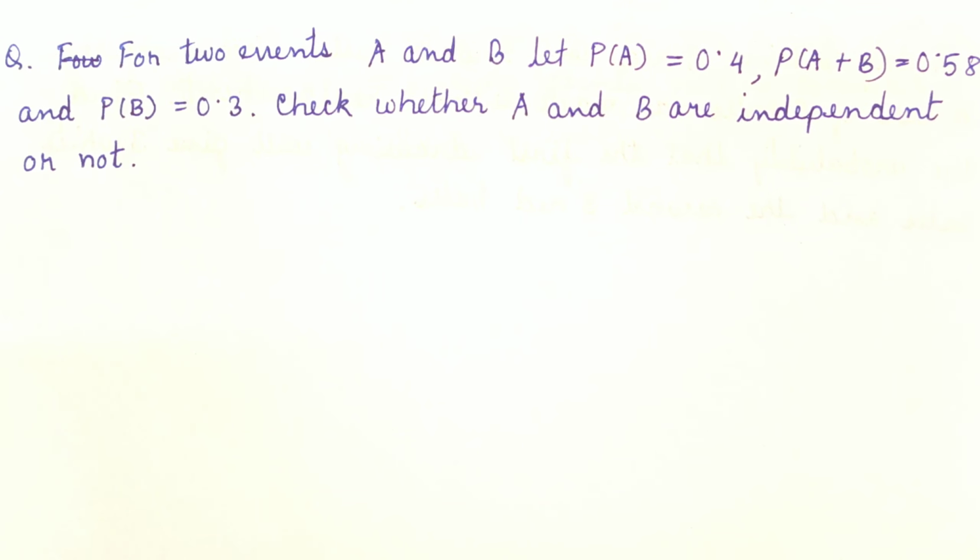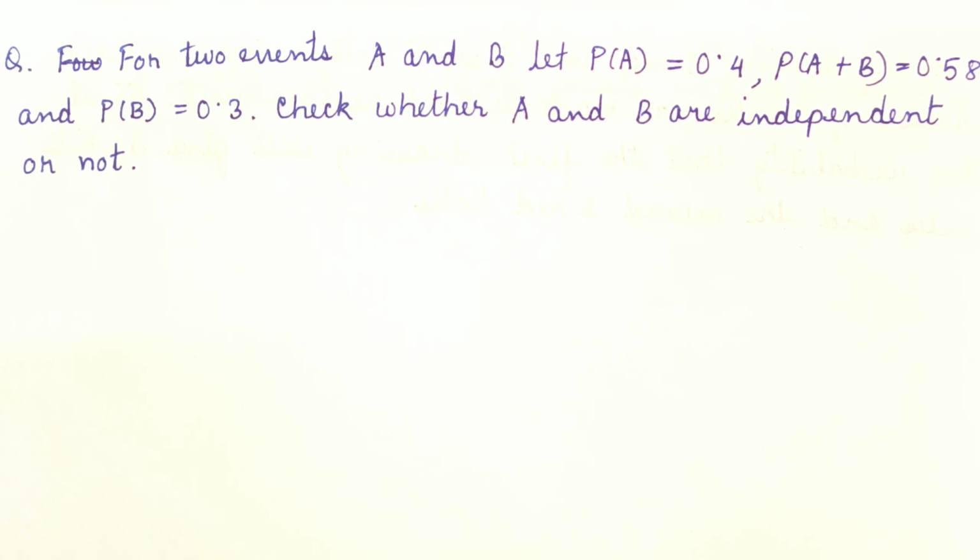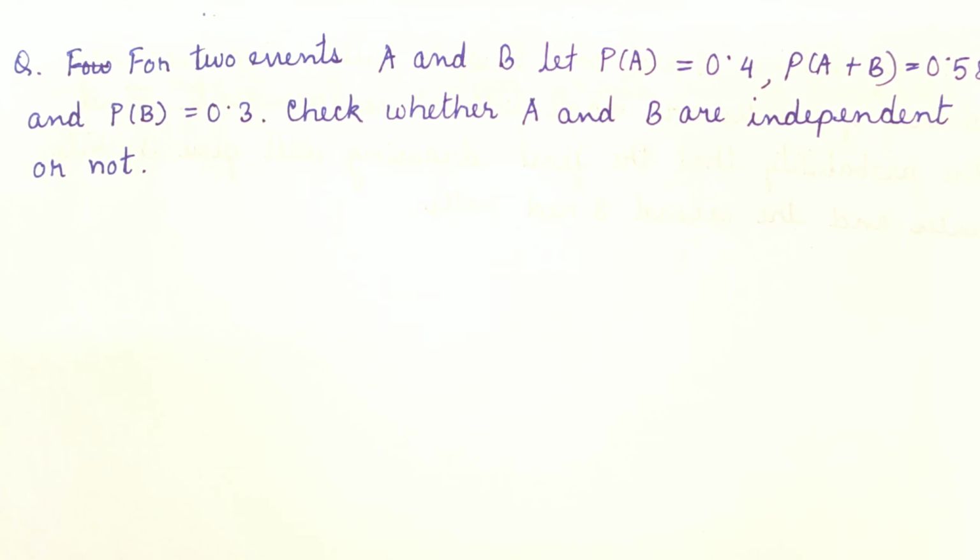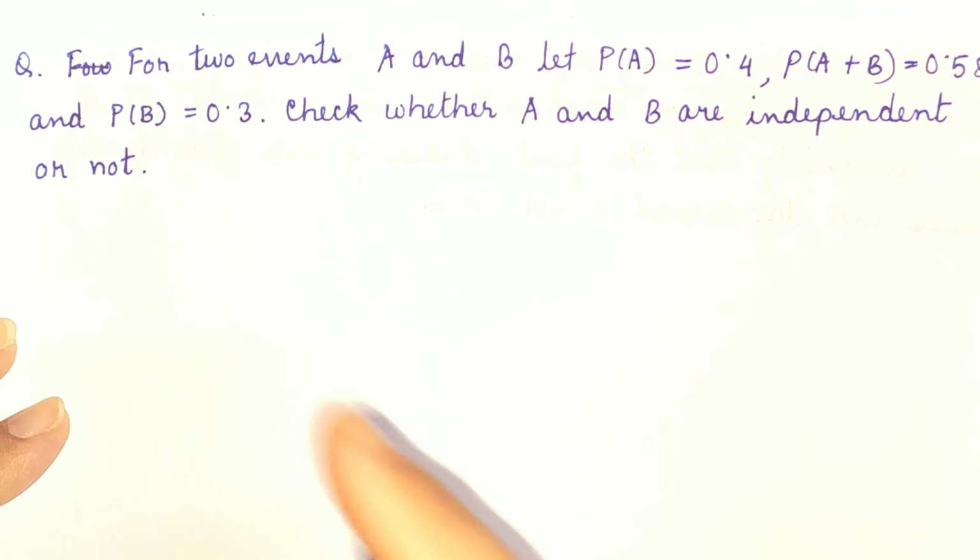For two events A and B, let P(A) be equal to 0.4, P(A plus B) equal to 0.58, and P(B) equal to 0.3. Check whether A and B are independent or not.